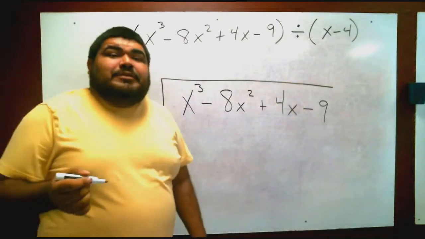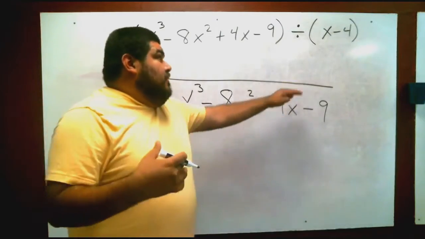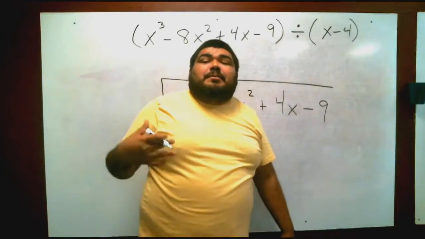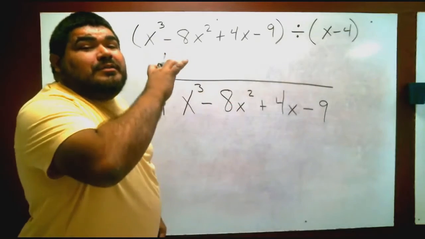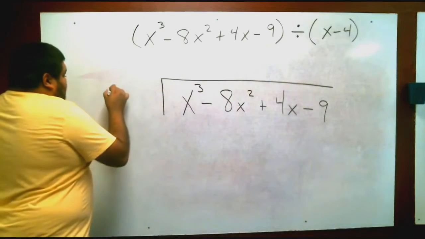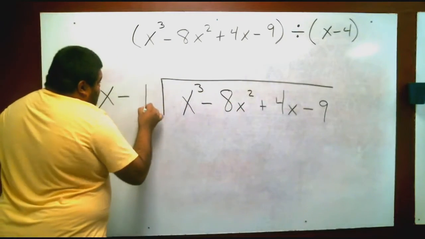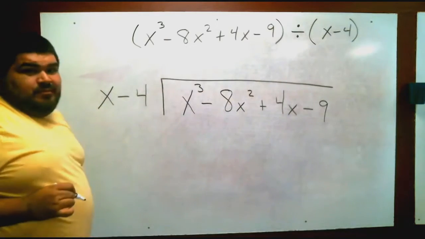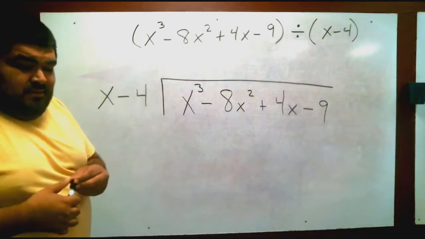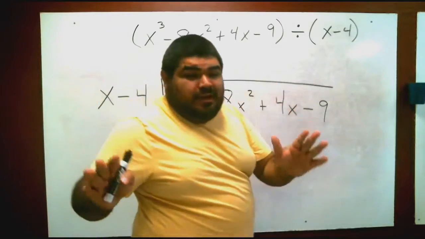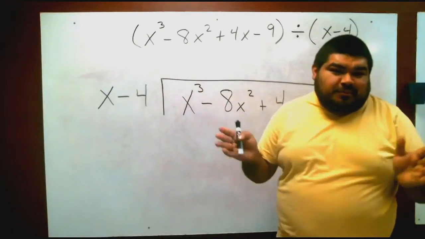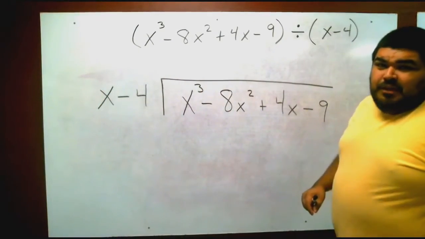Now the numbers that are being divided by go on the outside. So we have x minus 4, okay? All we did was just set it up, okay? I haven't done anything. Just pretty much all I did is plug it in. Make sure you're writing down.